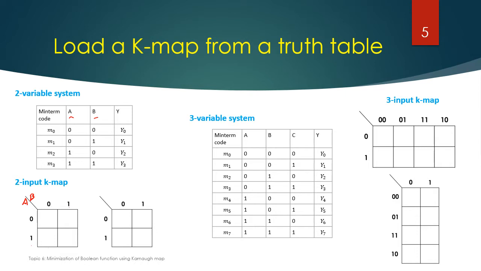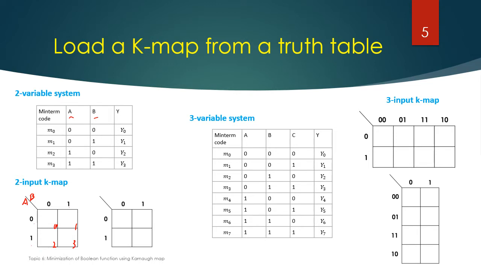Like the first box is a 0, b 0, corresponding to decimal 0. The second one, because a is the MSB in this case, we get 0, 1, so this is box 1. Then 1, 0 is box 2, and 1, 1 is box 3.